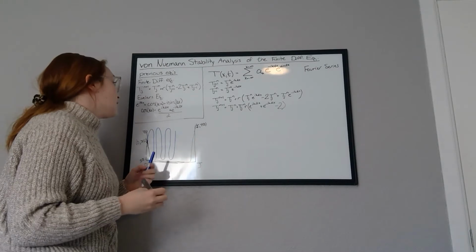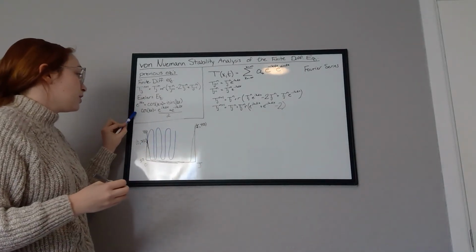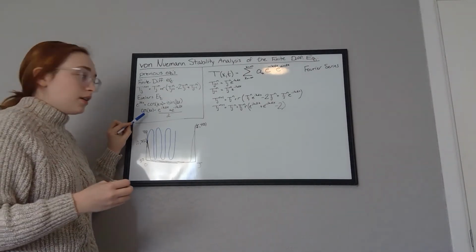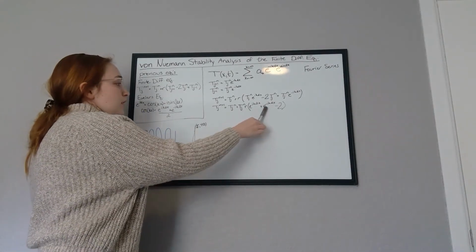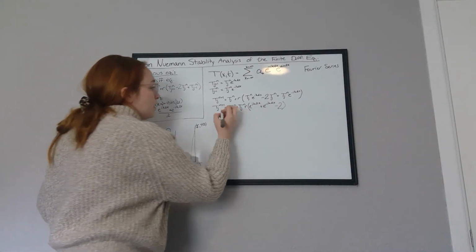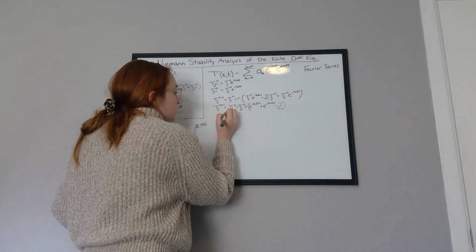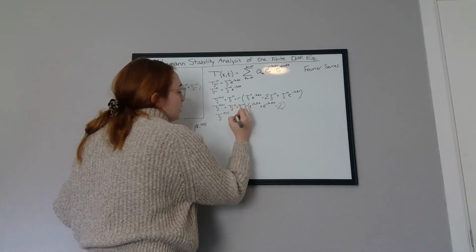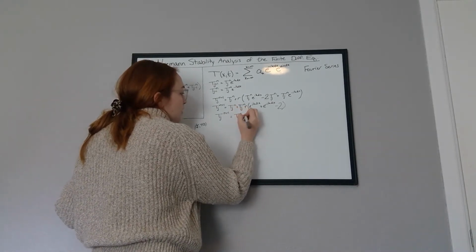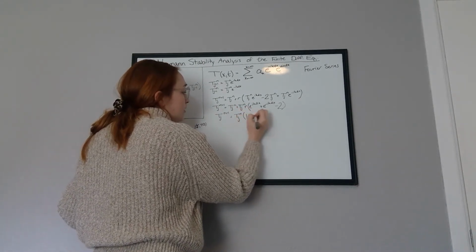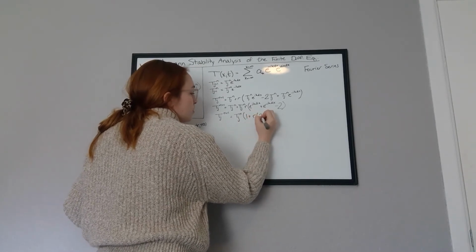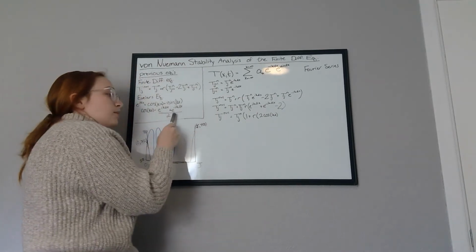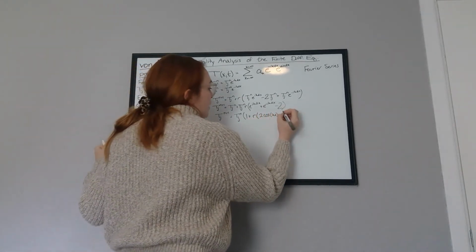Also, using Euler's equation, we can simplify down to this cosine right here. So we can further pull out the T j n. So T j n times 1 plus r times 2 cosine, because this is divided by 2, and minus 2.